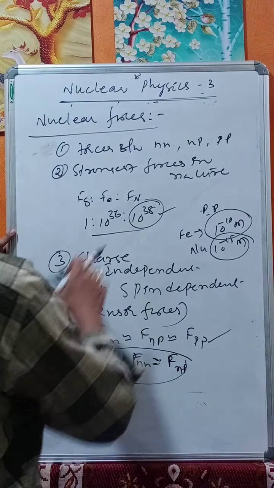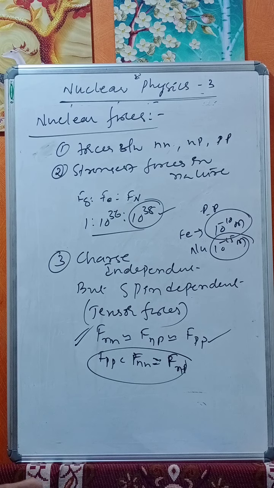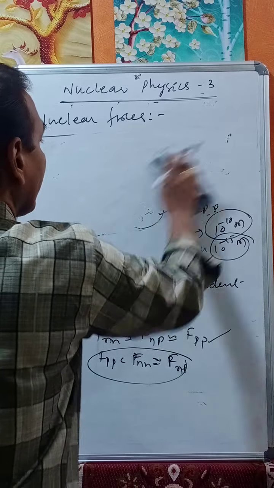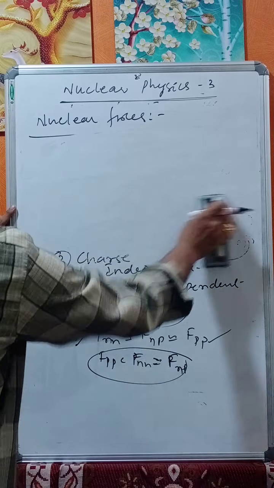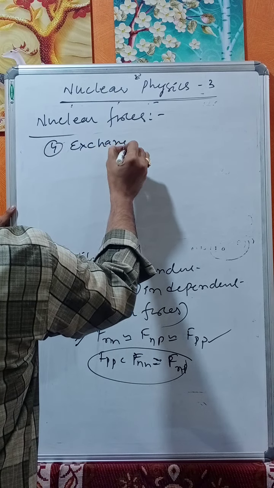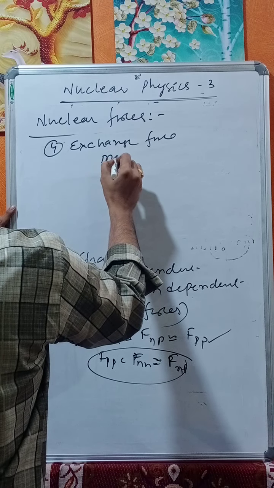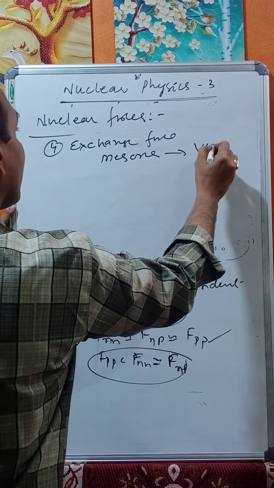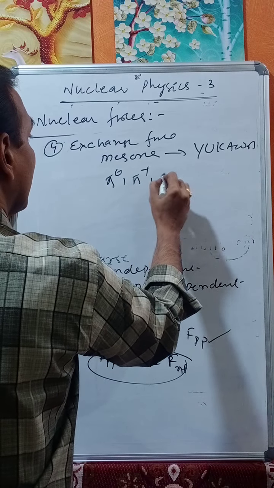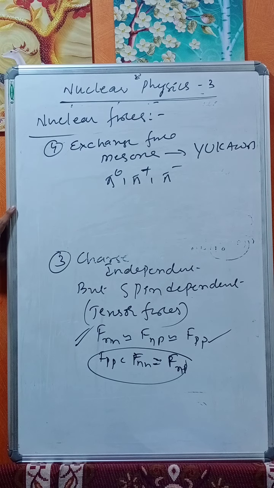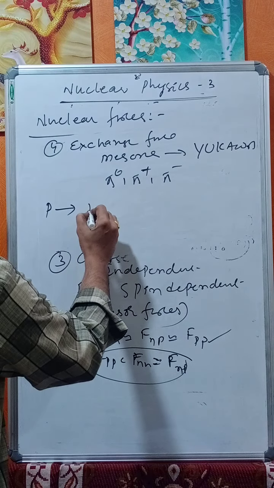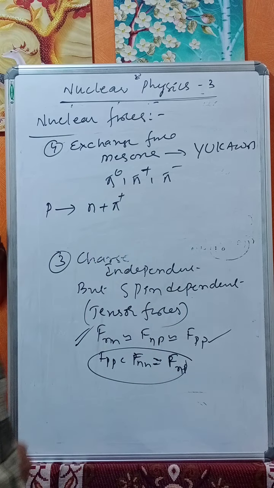Now here in nuclear forces, there are small particles called pi mesons. Yukawa introduced particles called pi mesons. The fourth point is that these are exchange forces. They exchange mesons, introduced by Yukawa. Pi 0, pi plus, and pi minus are called pi mesons. Proton gives rise to neutron plus pi plus.